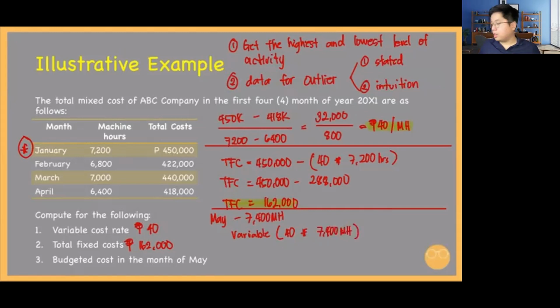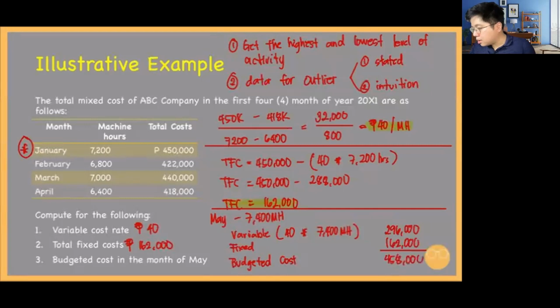That will give you 296,000. Within the relevant range, once again, the total fixed cost is constant, so the fixed component is 162,000. For the budgeted cost for the month of May, you get 296,000 for the variable plus 162,000 for the fixed component.